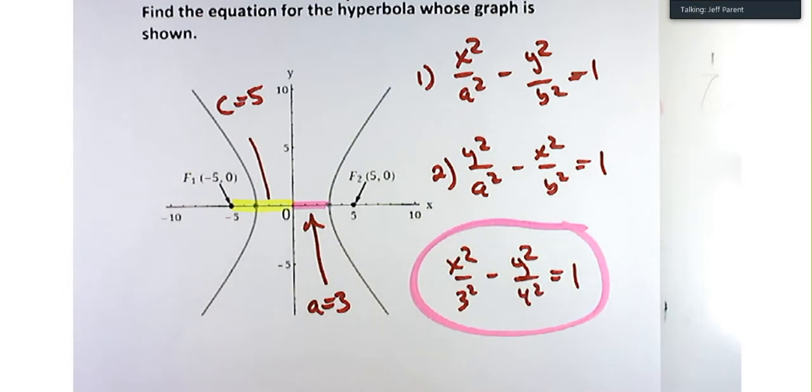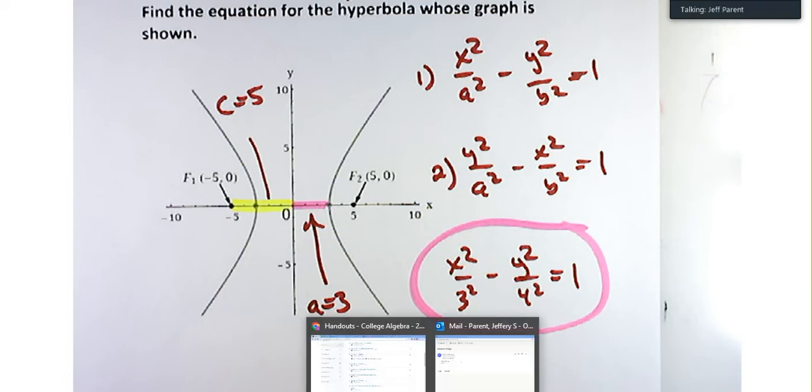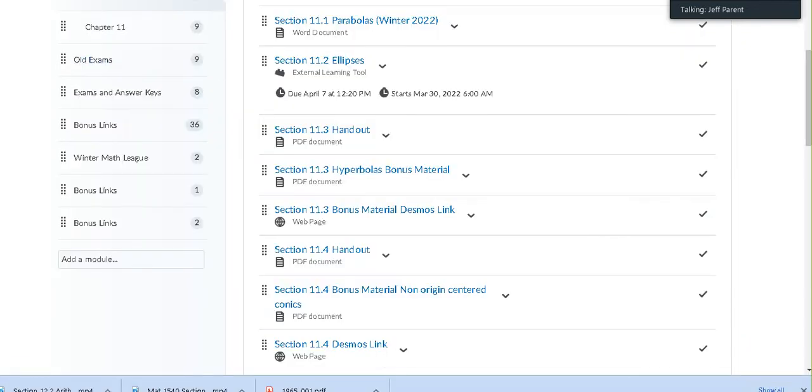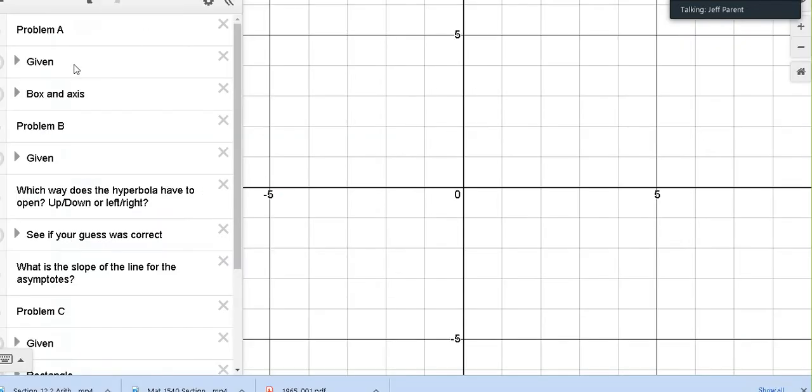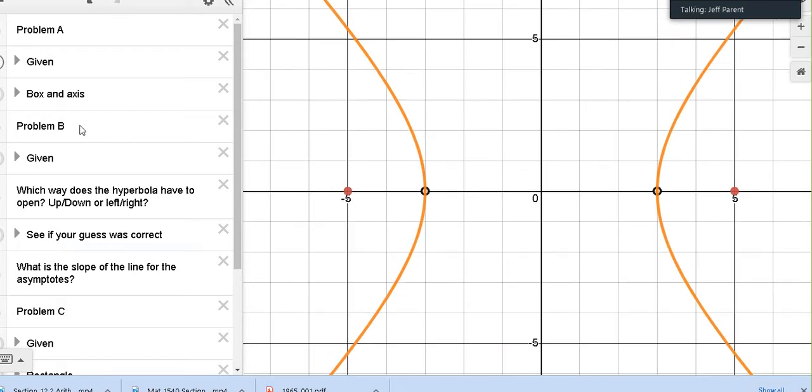Now let's take a look at that on Desmos a little bit, just to reinforce some of the things that I expect to view on an exam. So it would be over here. Here was our given. And then once we determined our equation, we can draw that box and its diagonals.